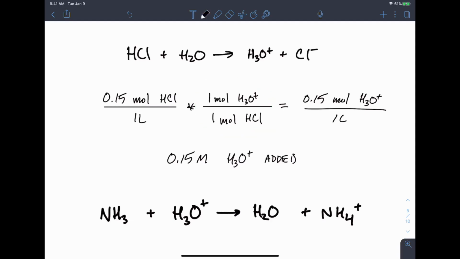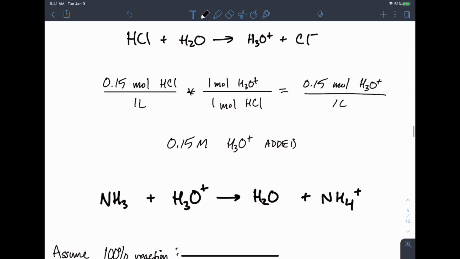So solving for the concentration of hydronium, we get 0.15 molar hydronium that we've added to this buffer. So now let's think about what happens when that hydronium reacts. We have a buffer that's composed of a weak base and the conjugate acid. And so what we want to do is think about, all right, if we add an acid to this, effectively what we're going to be doing is neutralizing the base.